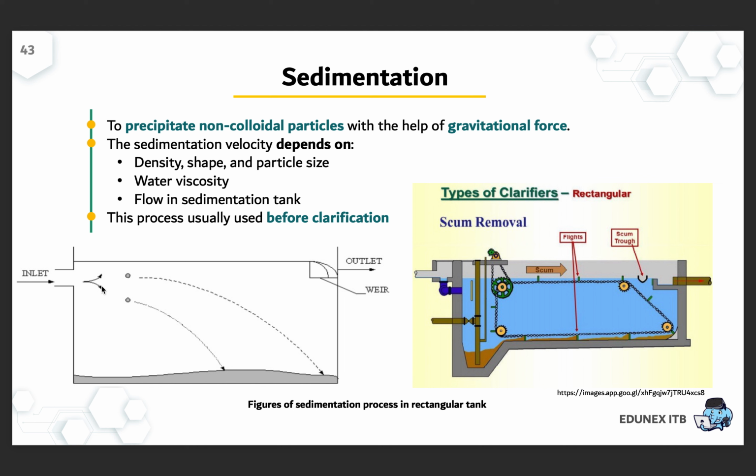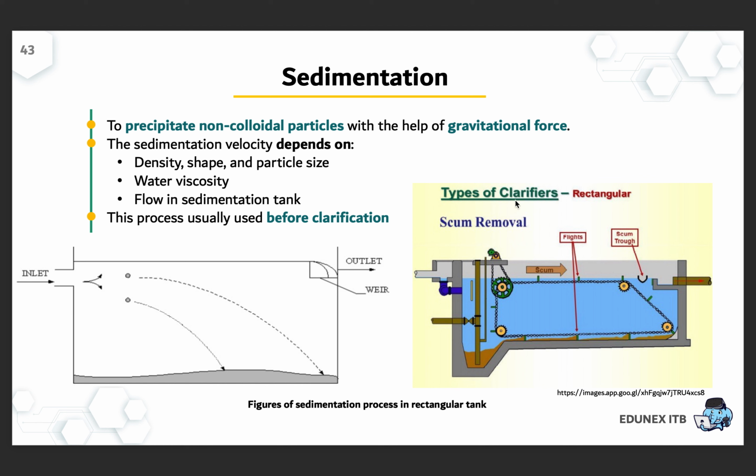Along the way, usually sedimentation is a big and wide rectangular body, and while the fluid moves towards the outlet, the particles will be separated here because we have gravitational forces acting on the particles.